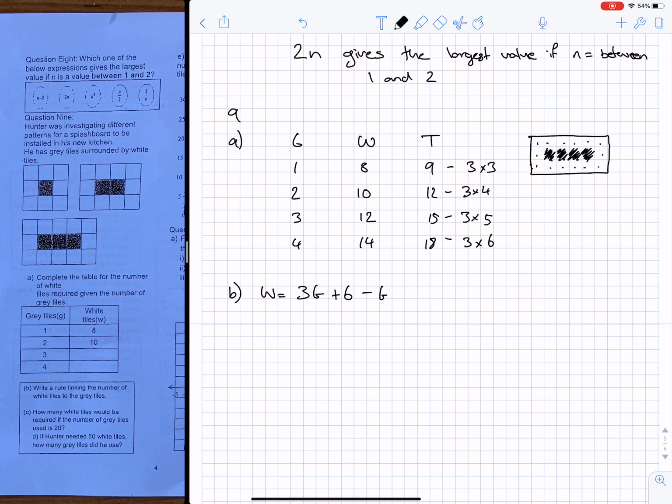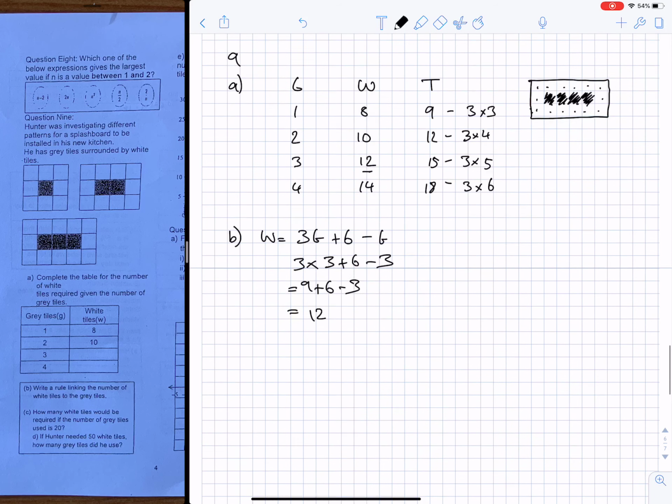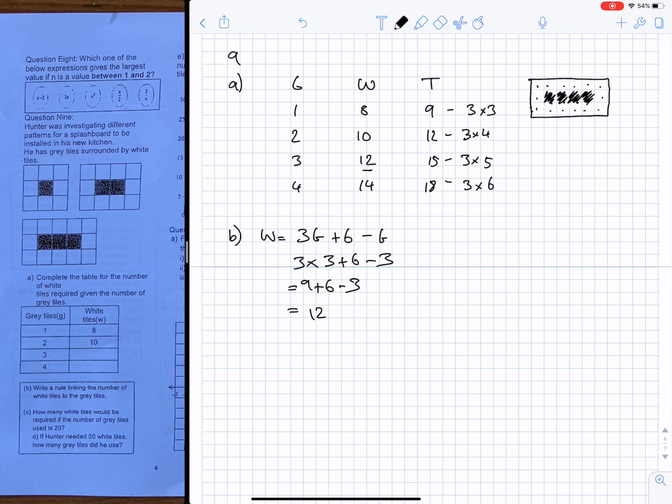What about when g equals 3? 3 times 3 plus 6 minus 3, which equals 9 plus 6 minus 3. You've got 9 plus 6 is 15, minus 3 is 12, which is true. Let's try it out for 4.